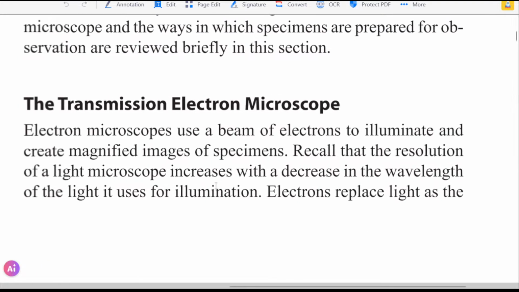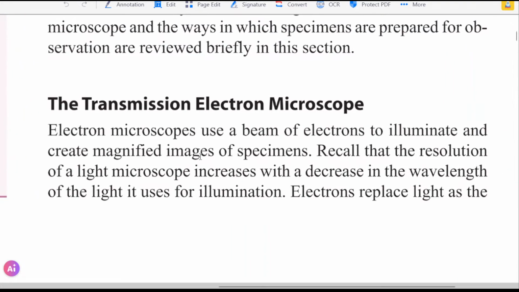These two are a bit different, because one studies just the outer appearance of the microorganisms, while the other sees the internal structure. Let's see which one is which.